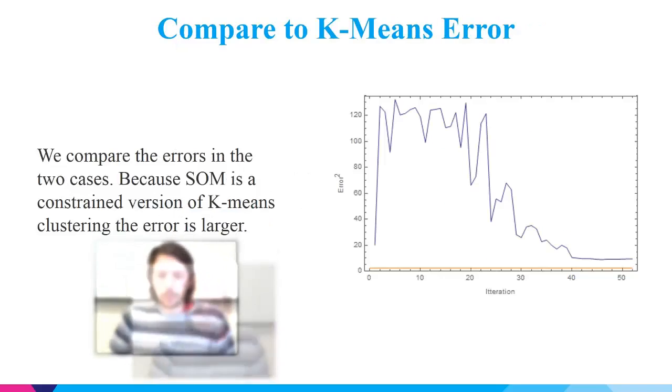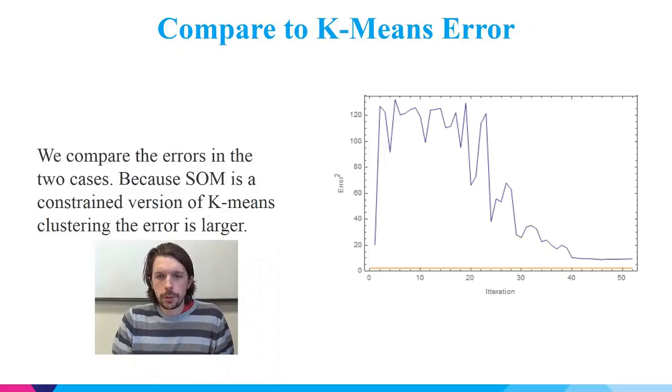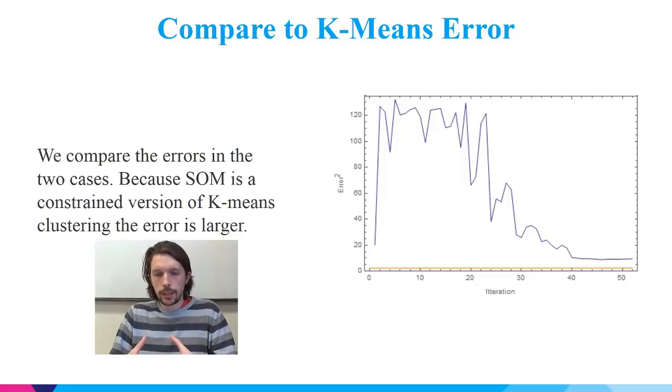Now, there are a number of parameters that we've chosen, the value r and so on, and we want to consider one way that we might choose those parameters. One way to think about that is to think about the error. Remember, the error in k-means, and it's the same here, is the sum of the squared distances of each data point from its associated center. This is a measure of how well your k-means or self-organizing map is fitting the data.